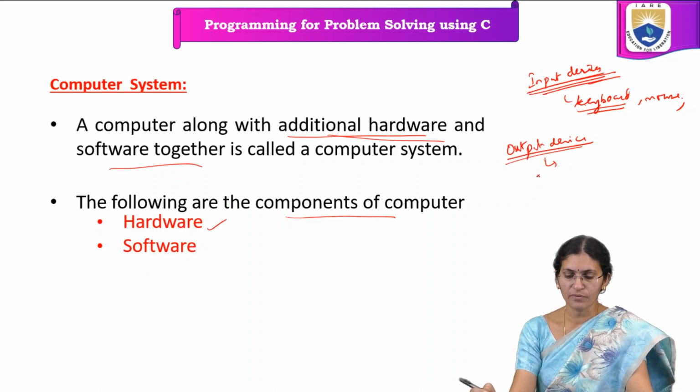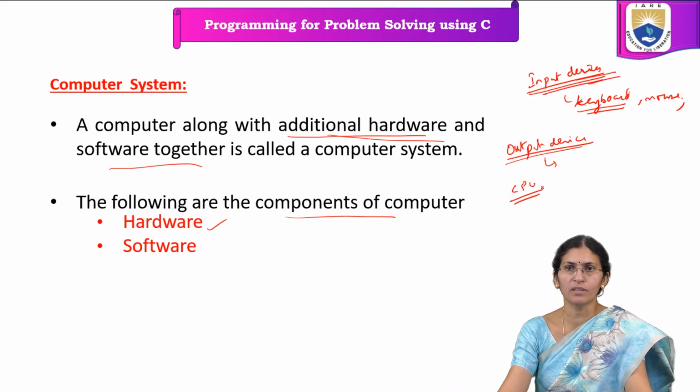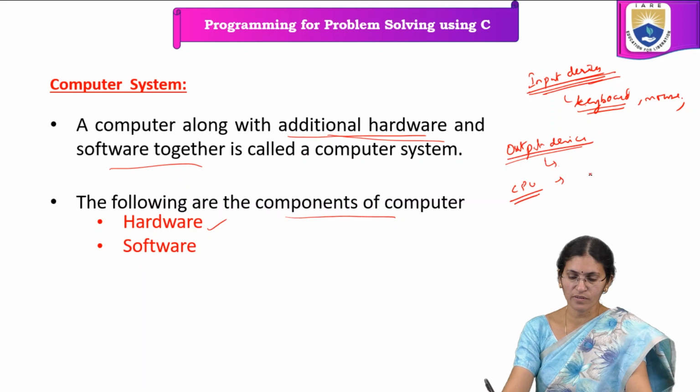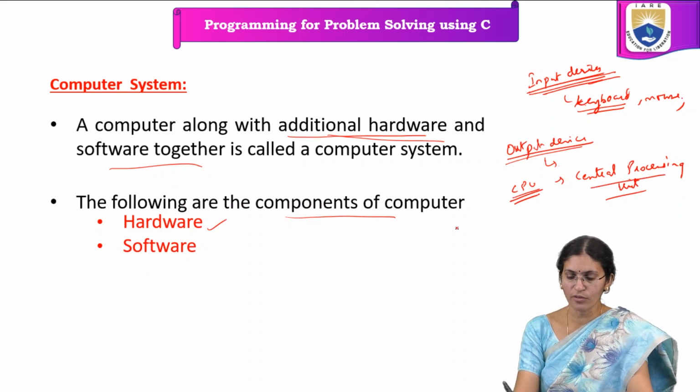Apart from this, we have also discussed CPU. CPU is the brain of the computer. The abbreviation for CPU is Central Processing Unit. It consists of different units like the arithmetic and logic unit, ALU.